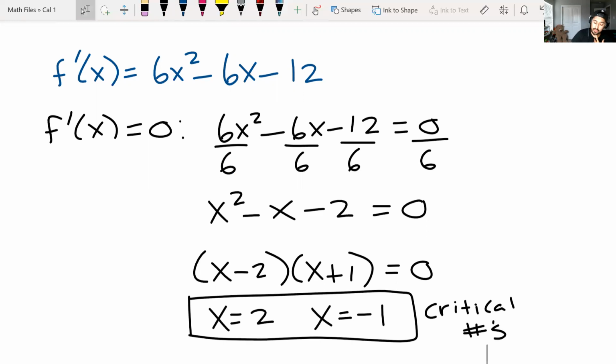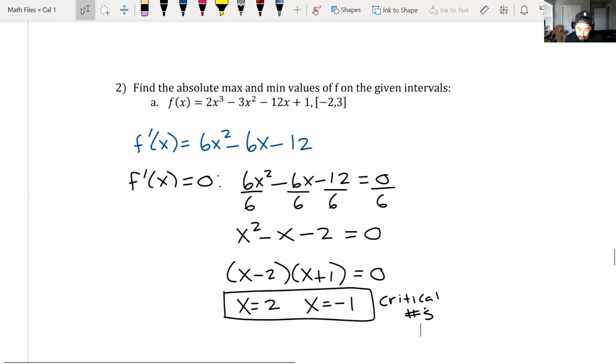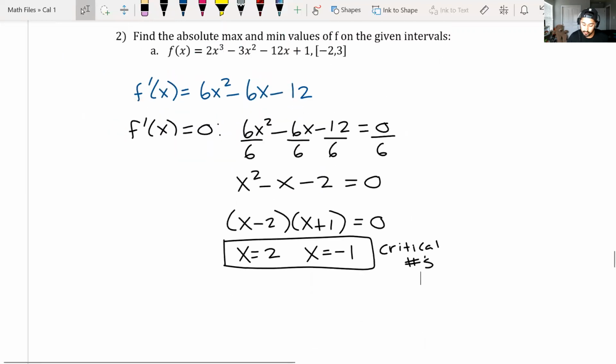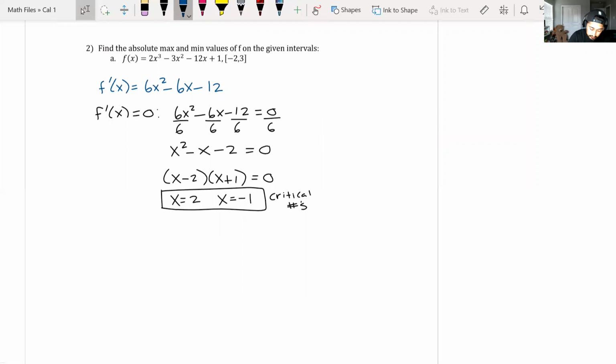Critical numbers. Okay, now we want to test them in the interval above, negative 2, 3. So x, y chart. All right, there's negative 2, there's 3.